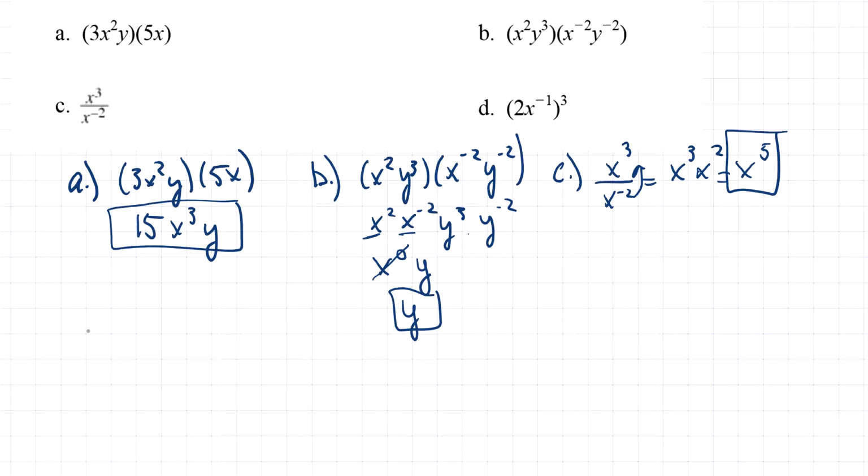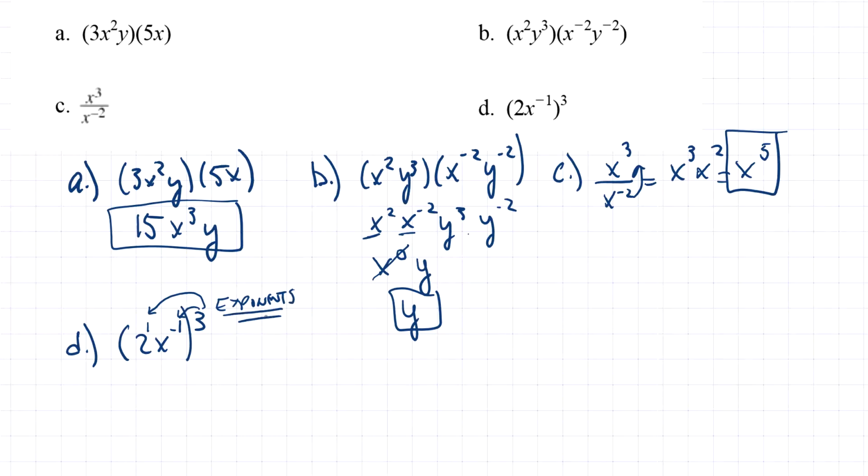And then the last one, D, is we have 2x to the negative 1, all cubed. So this is an exponent, so 2 is to the first power, so this gets distributed to every exponent. Okay, they're exponents, so it can only get distributed to an exponent.